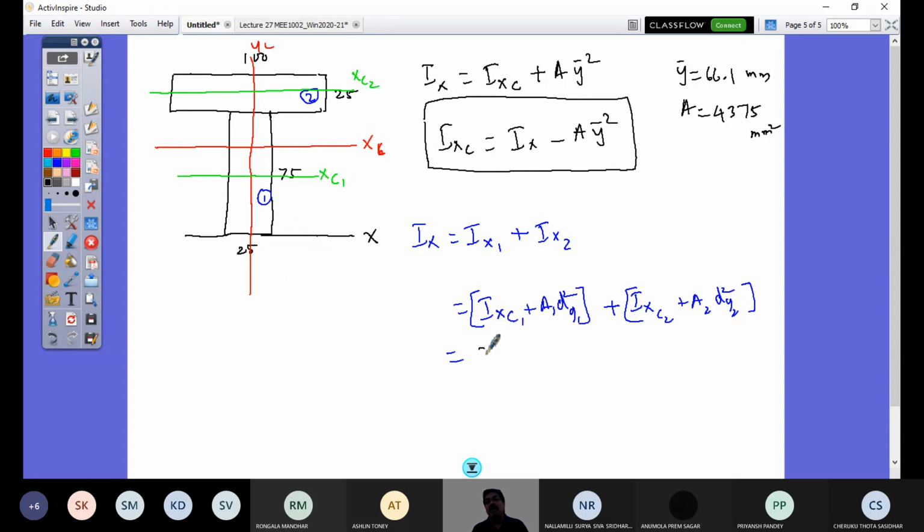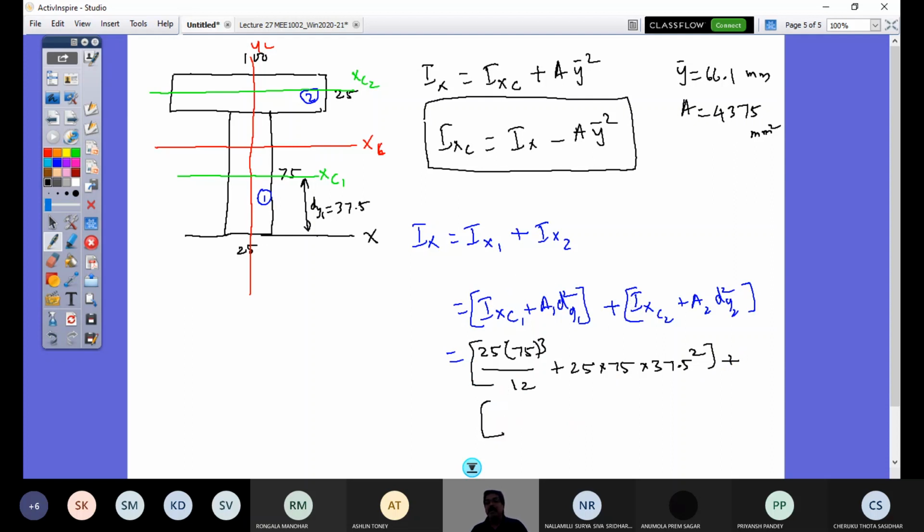So B is 25 into 75 cube by 12 plus area 25 into 75 into d by 1. So d by 1 is this distance. This is d by 1. So that's going to be 37.5. So into 37.5 square. So this is all the first one.